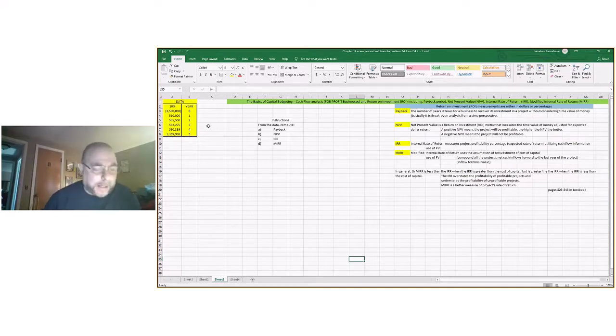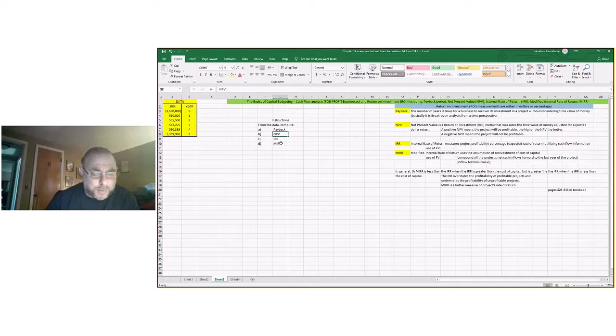Okay. And what we want to do is basically be able to answer these four questions. Calculate the payback, calculate the NPV, calculate the internal rate of return, and calculate the modified internal rate of return. Right? The payback answer will be in years. The NPV will be in dollars.